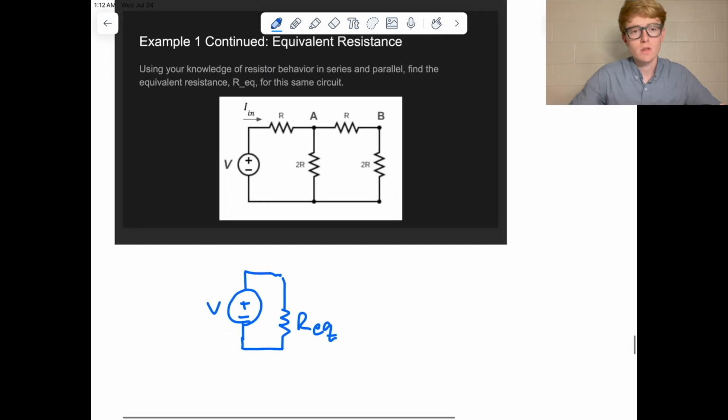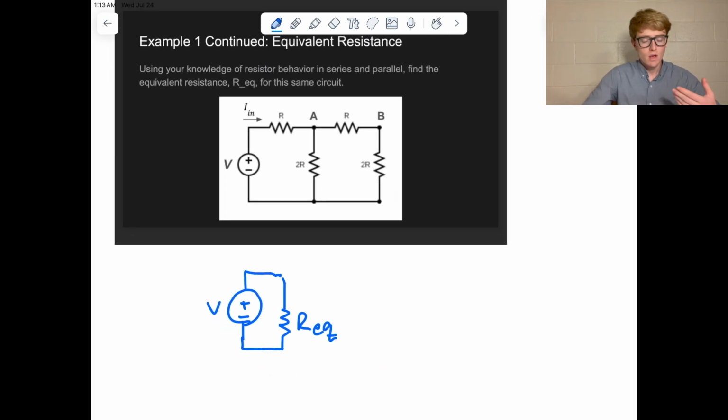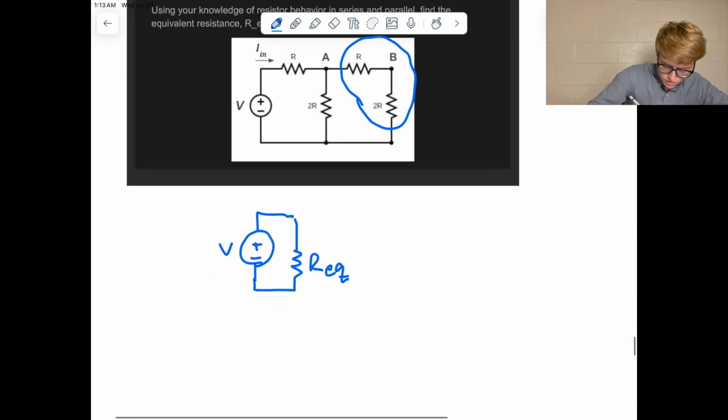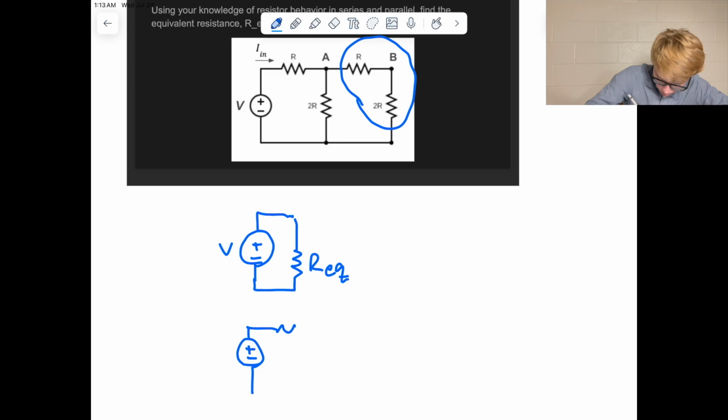So we can do that using the concepts that we just learned about how resistors simplify when they're in series and parallel, right? So first thing I identify here, I see that these two resistors are in series, right? Because they're sharing this node right here. So we can simplify the circuit right off the bat. So our first simplification that we'll make here is this.